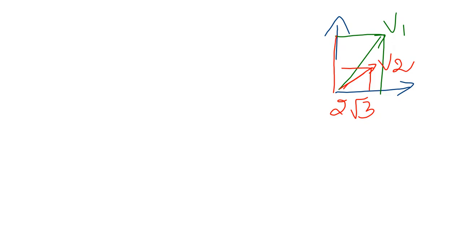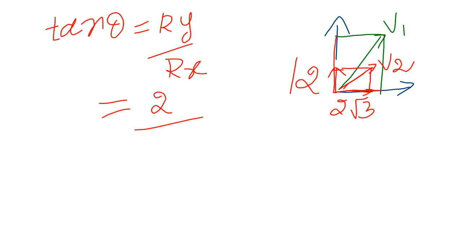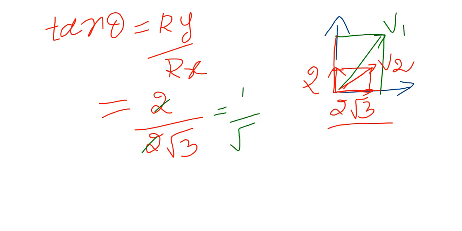So how much angle does it make? Tan theta is Ry by Rx. The value of Ry is 2, the value of Rx is 2 root 3. So tan theta is 1 by root 3, which is tan 30 degrees.